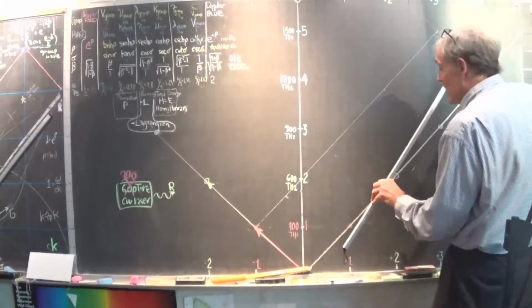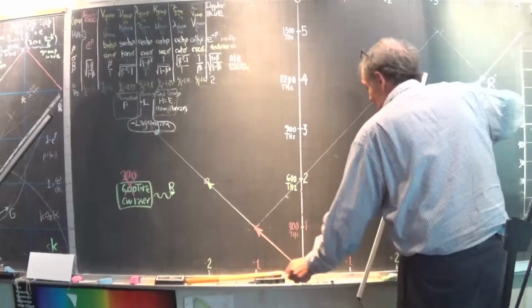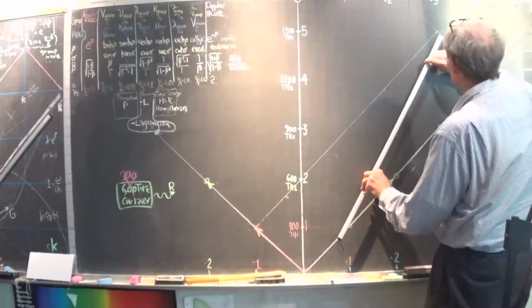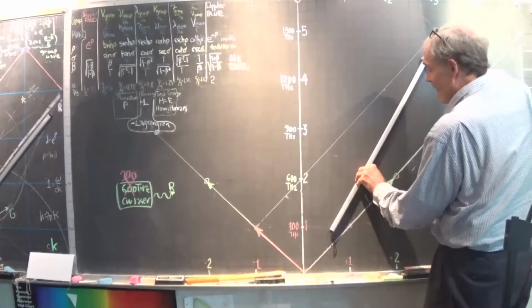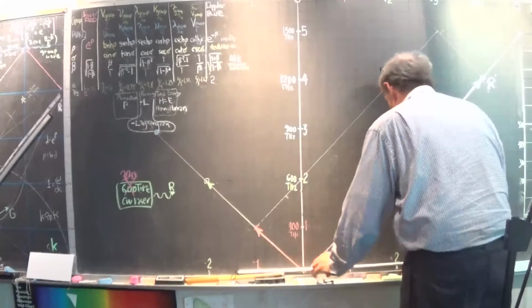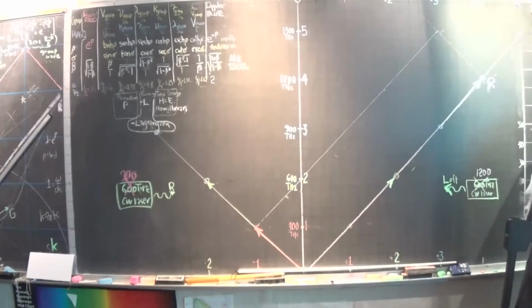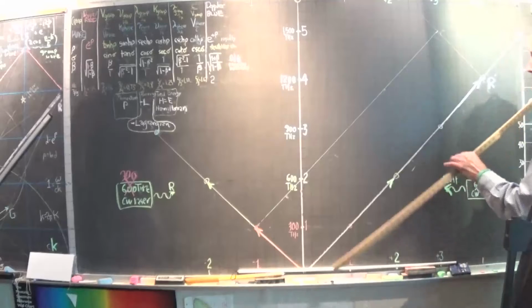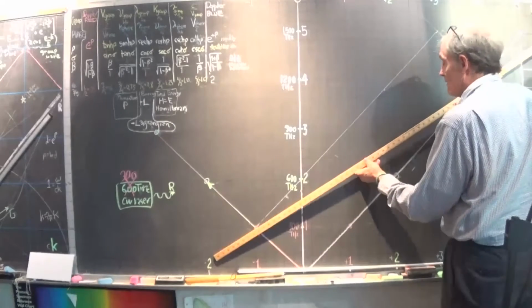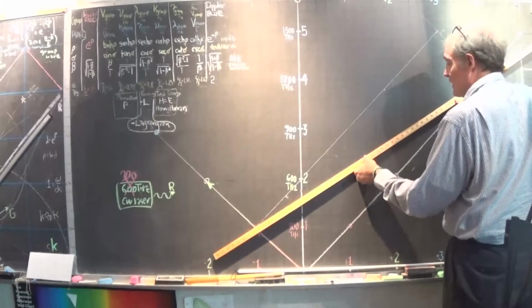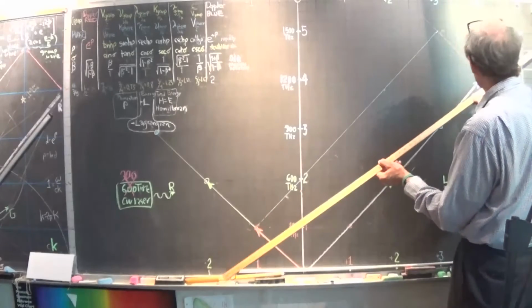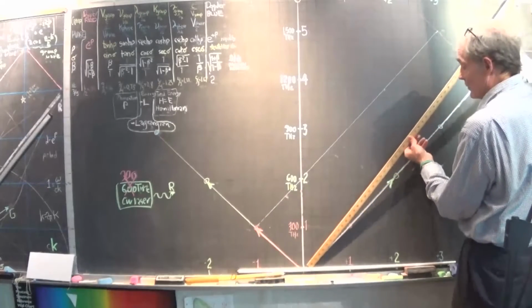So what we need to do now is find the pitcher's mound, okay? Now that ruler isn't quite big enough, so now I really have to use this monster here to find out, first of all, where this diagonal is, and then where this diagonal over here is.